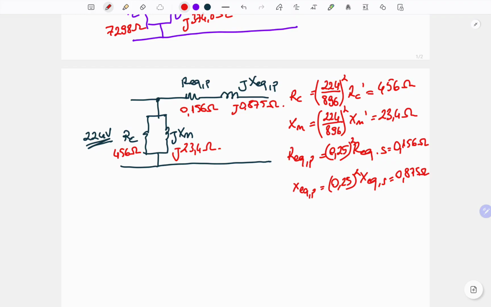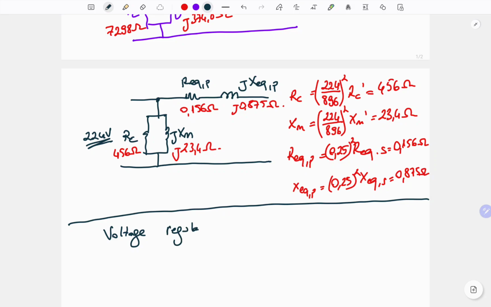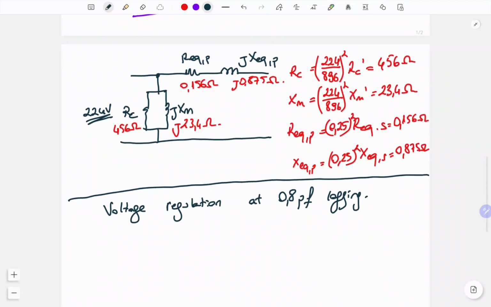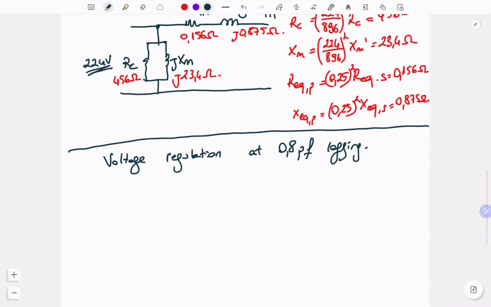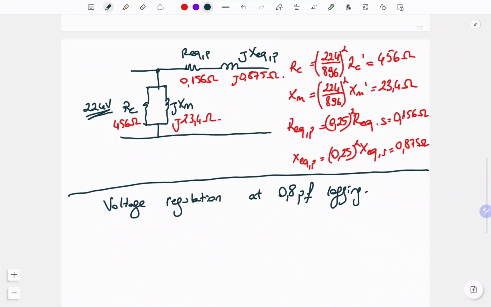So for this transformer, let's examine the voltage regulation for our standard load characteristics. Voltage regulation, of course, at full load and at 0.8 power factor lagging. At the rated load, we have 0.8 power factor lagging load.